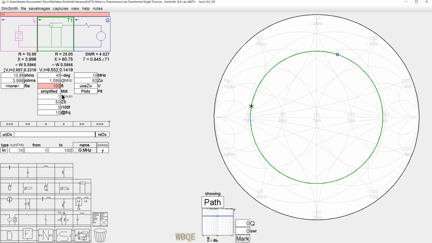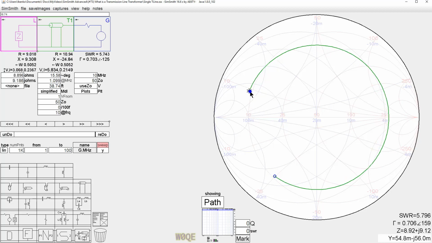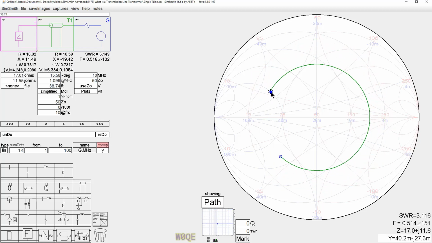We'll start off with 100 feet, and it has an impedance of 50 ohms. I want to match some starting impedance. It really doesn't matter where my starting impedance is, but I'll pick some point here. We have to make this a little bit smaller. So here's our starting point. We can drag our starting point in SimSmith anywhere we want. Let's drag it to there.